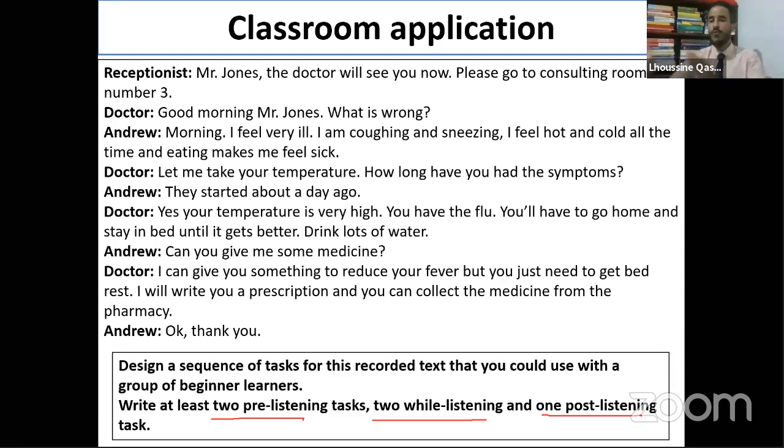Now, this last task, what about the mode of work, the interaction, the pattern of work? Is it solo work, pair work, or group work? What do you think? Rima Amrar said in pairs. Sarah, pair work. Leila, pair work. Group work. Sukaina, pair work. Sarah, and then share with the whole class. Good. Firdaus said in the post-listening task, I can ask students to use a role play relating to the topic of the audio.